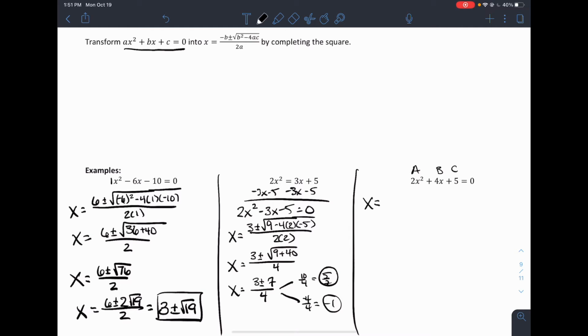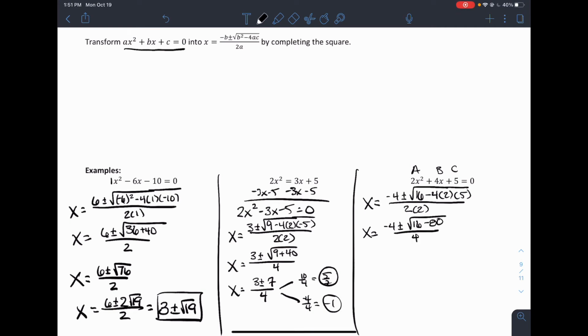So x equals negative 4 plus or minus the square root of 16 minus 4 times 2 times 5, all over 2 times 2. So x will equal negative 4 plus or minus the square root of 16 minus 80, all over 4.